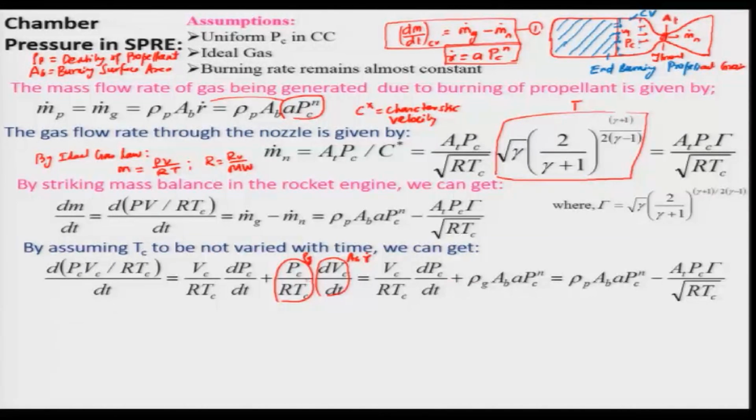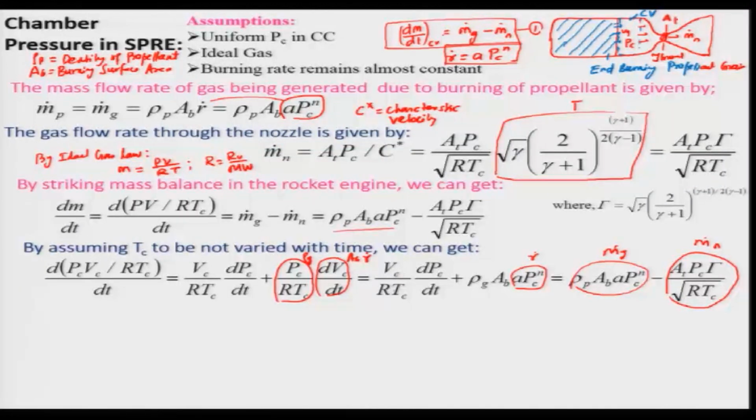So that is the term we are writing, rho g and A b, and in place of R dot we write a P c n, and this term is basically m dot g, and this is your m dot n.